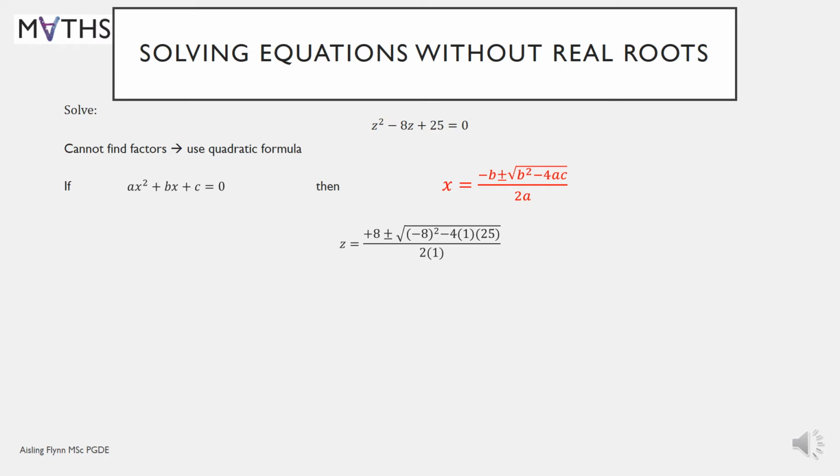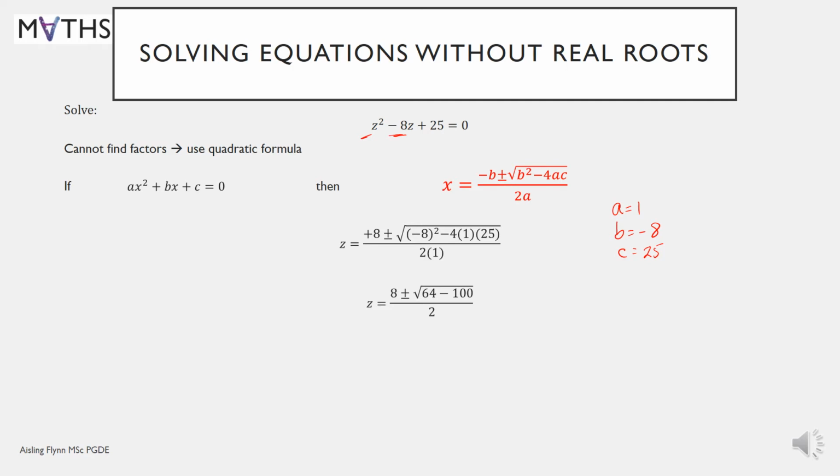In this case, a is 1, b is minus 8, and c is 25. So you substitute in for the letters into the formula, and let's see what it looks like.